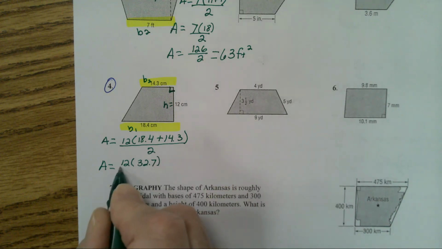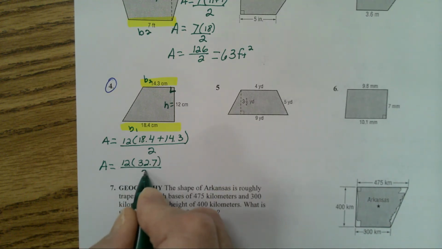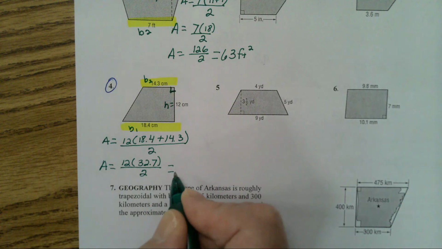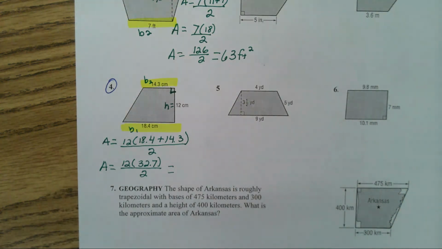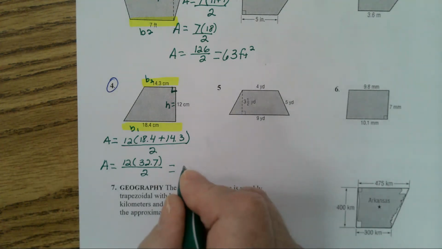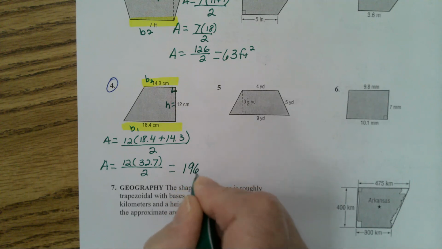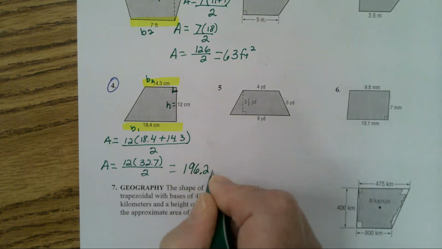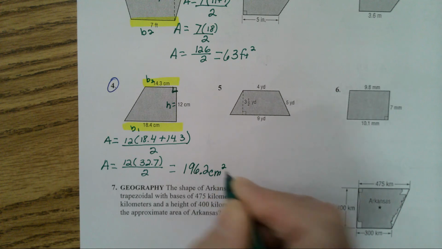And then after you multiply it by 12, divide it by 2. All right? So 32.7 times 12 divided by 2. What do you get for your answer on this one? What's the area? Yes. 196.2. Excellent. 196 and 2/10 centimeters squared.